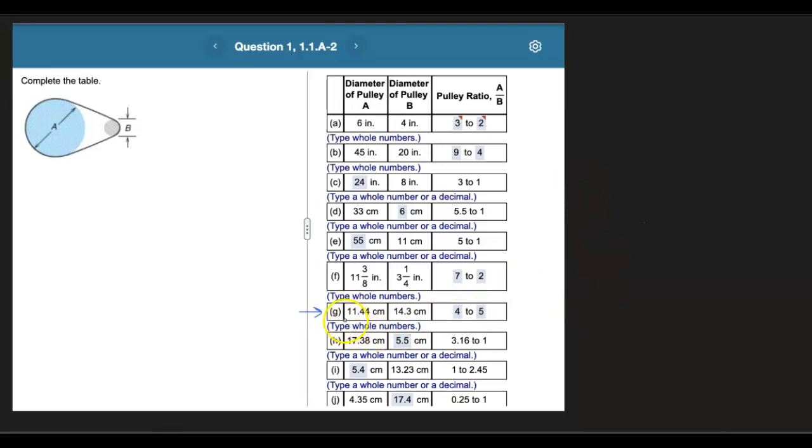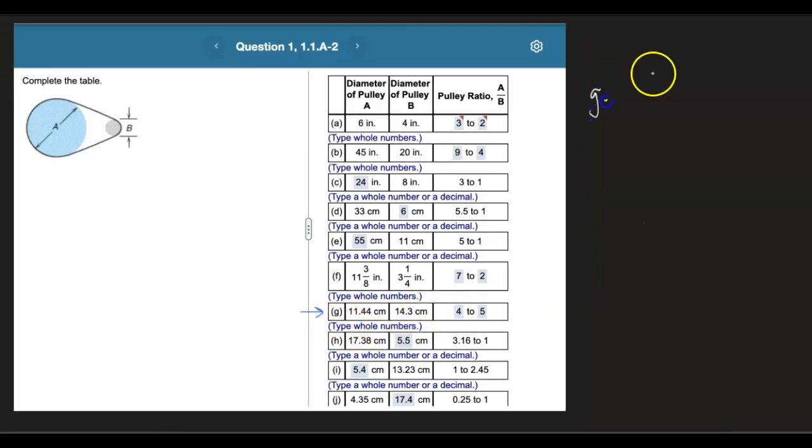So here in part G, skipping down to this one, we are given that the diameter of pulley A is 11.44 centimeters and the diameter of pulley B is 14.3 centimeters, and we're asked to express this as a ratio, like so.